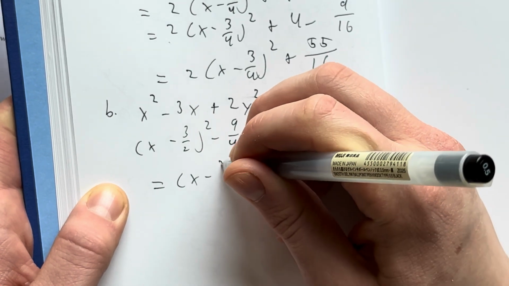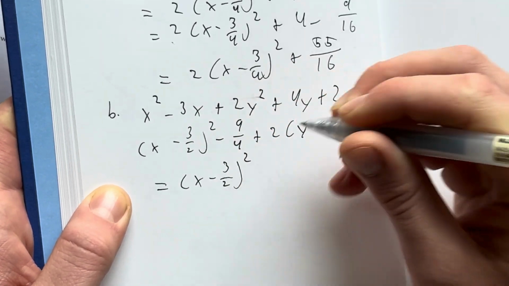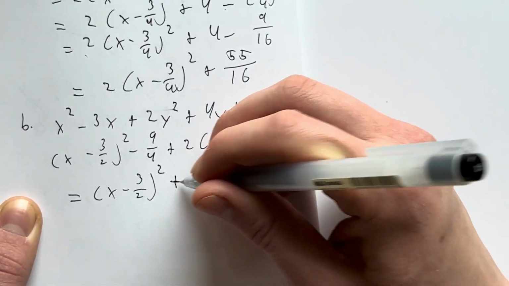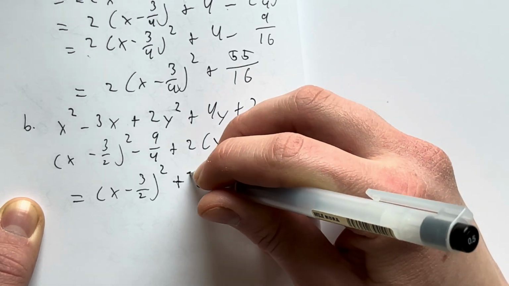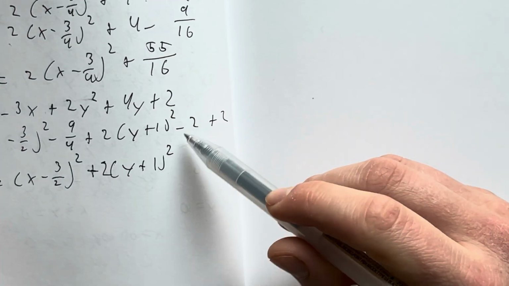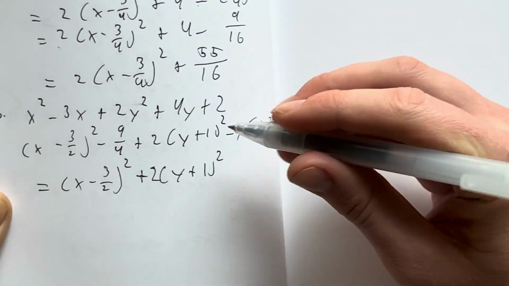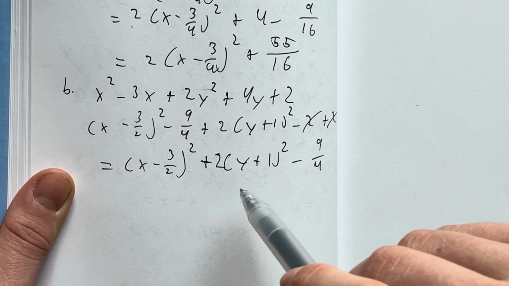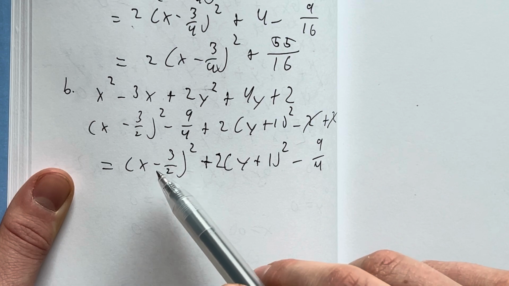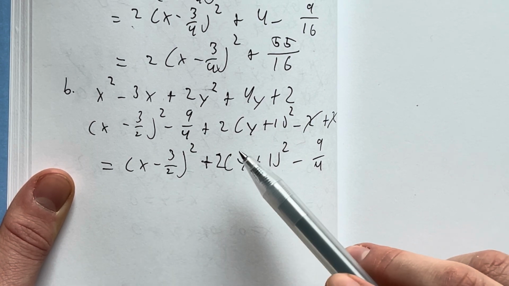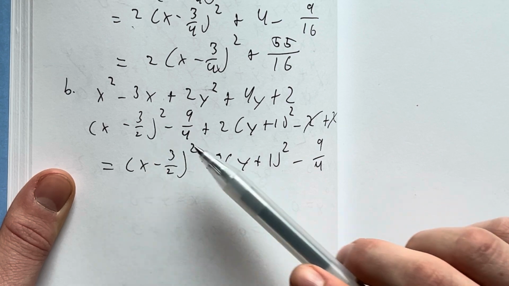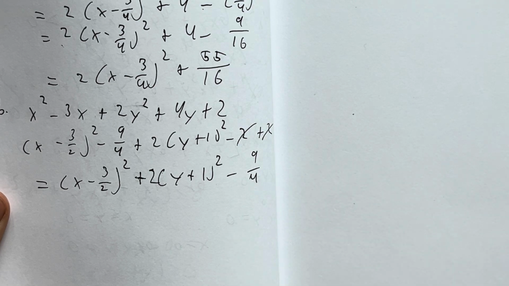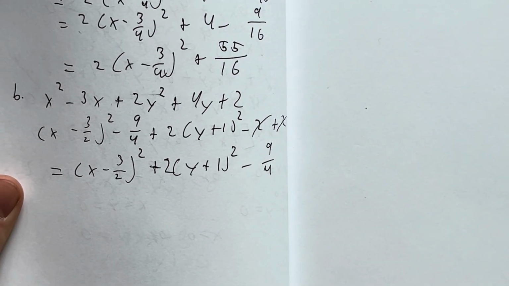And if we group this a bit differently and cancel these 2's, we get this form. And because x and y are independent of each other, we can make this equal to 0 and this equal to 0. And when both of the squares are 0, we are left with negative 9 over 4. Quite simple.